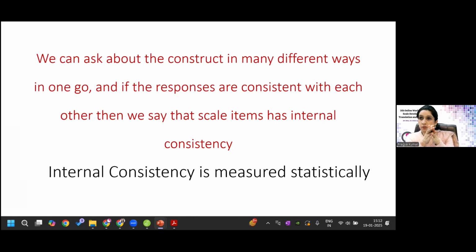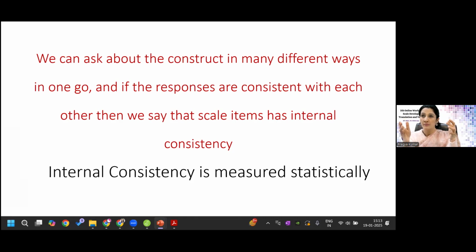Ashwati is asking, how does the reliability calculation vary when the population is changed? Yes, it will change, because of the contextual factors and the cultural background. The scale which ANSI is developing in Tamil Nadu may not be valid here in Bihar. You have to report the reliability of that here also.